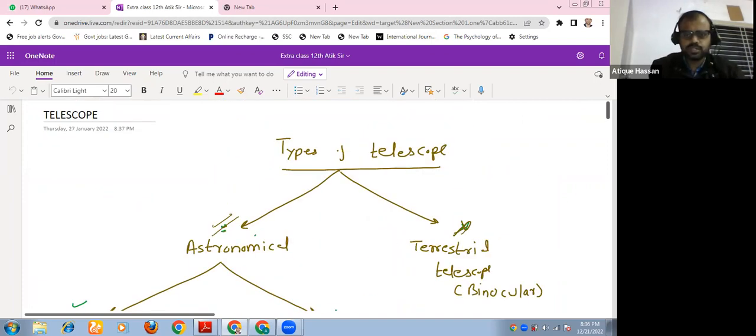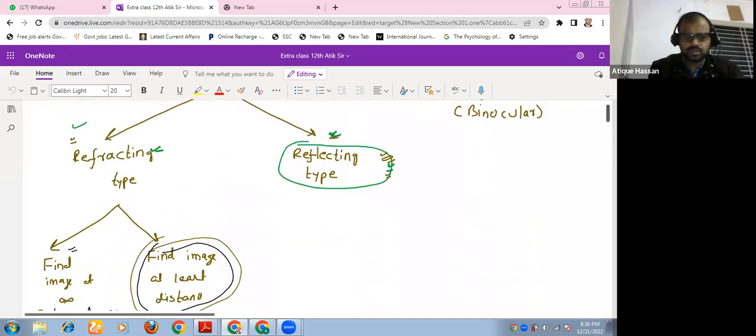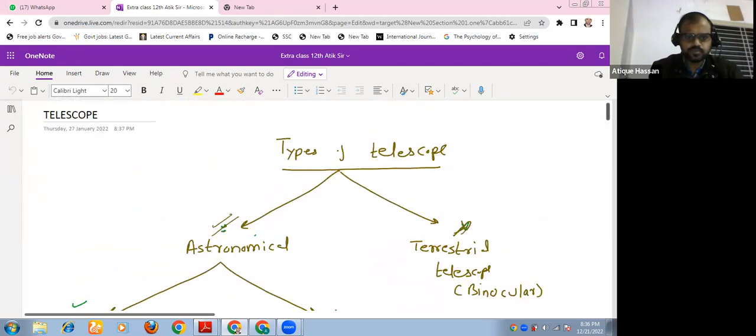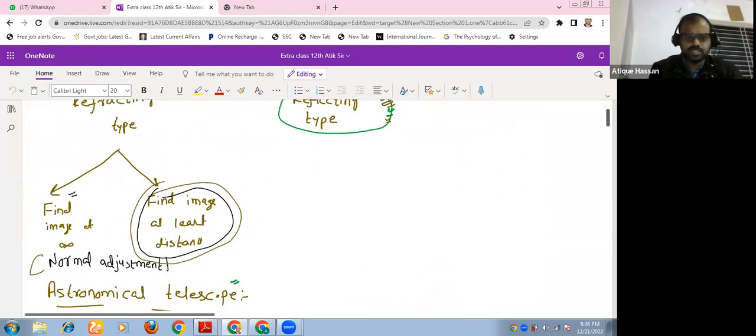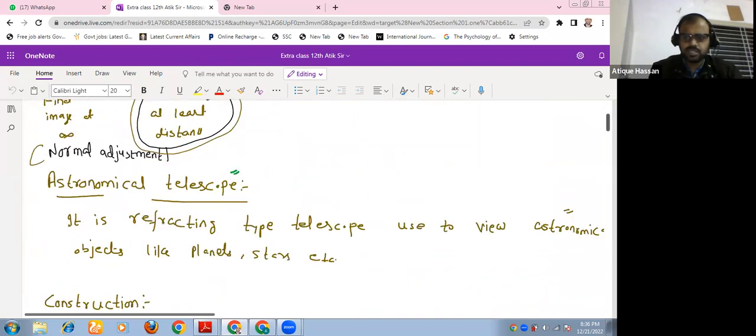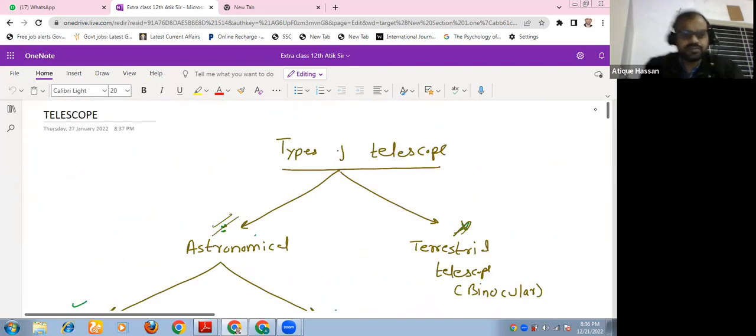So now let us start with the telescope. First, the definition part.